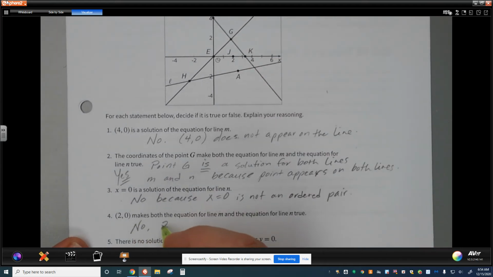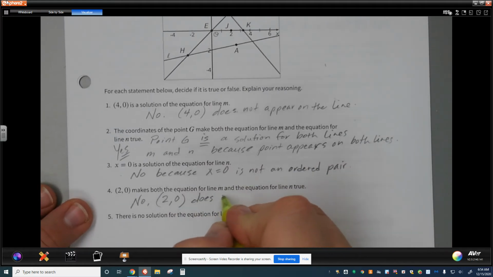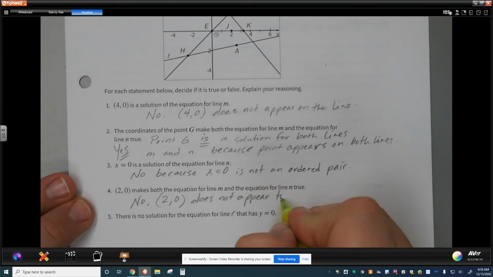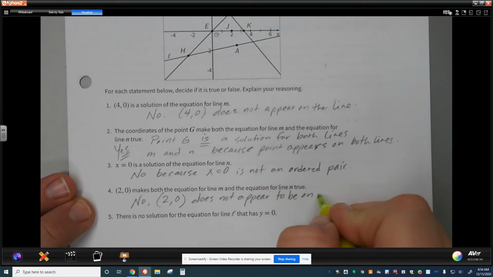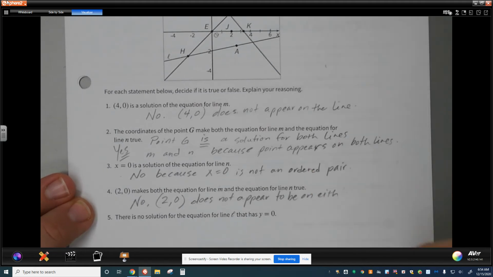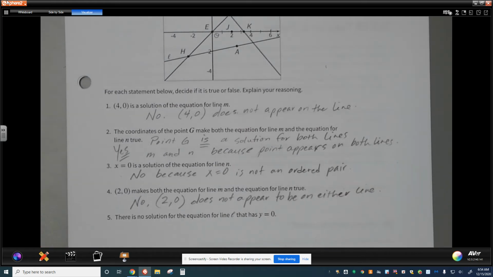No, the ordered pair 2, 0 does not appear to be on either line. So it's not a solution at all.